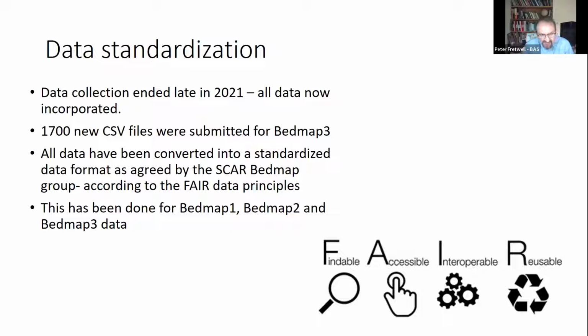So it's mostly those sorts of geophysical data that we're using. And we've standardized it all into a set format using the FAIR data standard, that's findable, accessible, interoperable, and reusable. And we've done this for both the old data from BedMap 1 and BedMap 2, but also the BedMap 3 data as well.